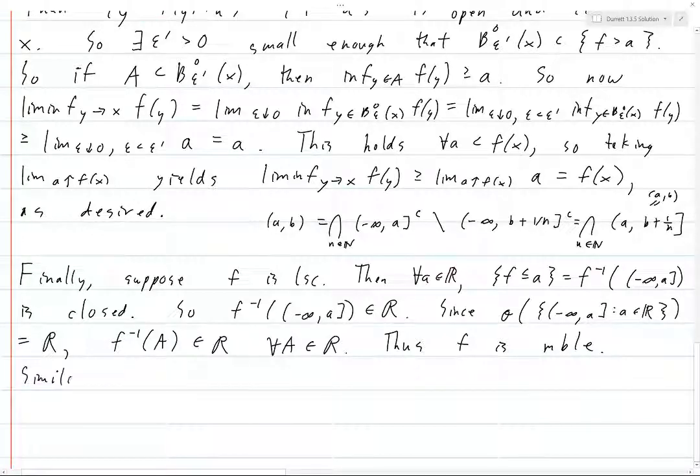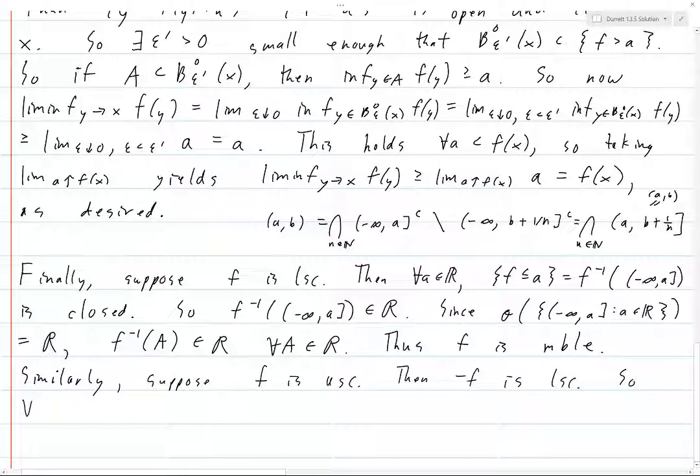But we don't just need that lower semi-continuous functions are measurable. We need semi-continuous functions, meaning we need upper semi-continuous functions to be measurable. Similarly, suppose f is upper semi-continuous. This means precisely, by definition, that minus f is lower semi-continuous.